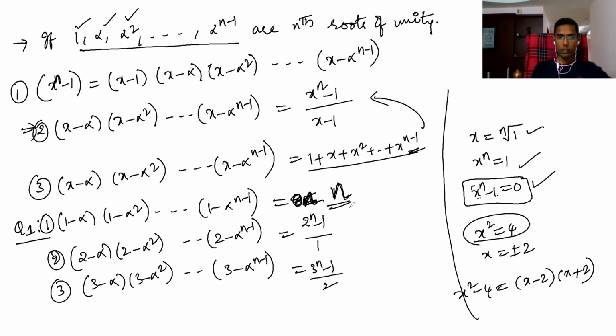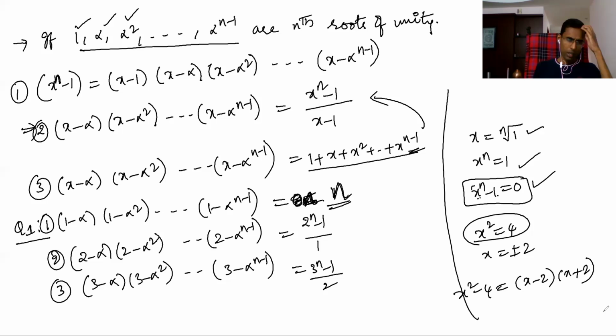Okay, all right. So next, I am applying log. If I apply log, what happens? You see, fourth result. Okay, examples I give. I am taking the fourth result, applying log. Because sometimes you apply log. Here already x minus 1 into x minus alpha, so on up to x minus alpha power n minus 1 equal to, already we wrote this as x power n minus 1.